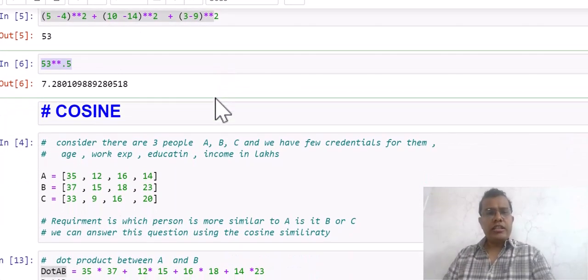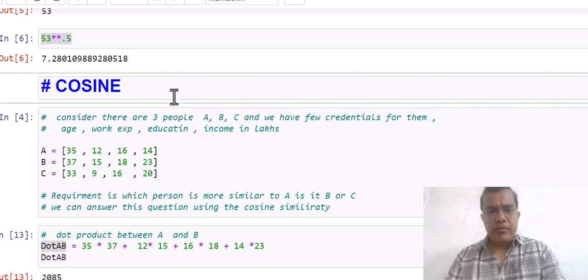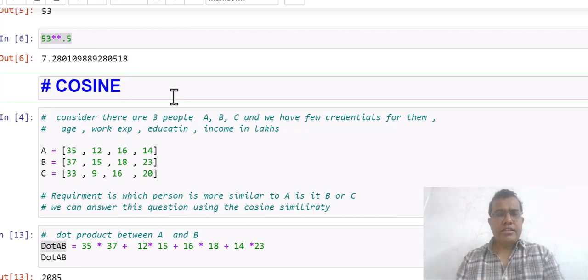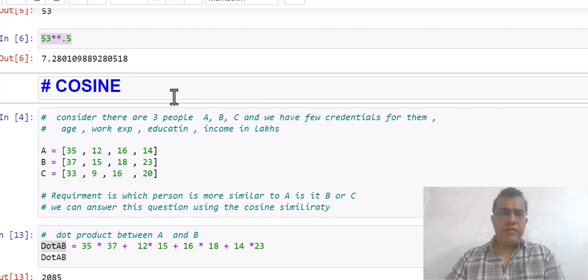Moving forward to the next method, your cosine similarity. The advantage of cosine similarity is that we get our answers between 0 and 1. In Euclidean distance, the upper range was not defined.